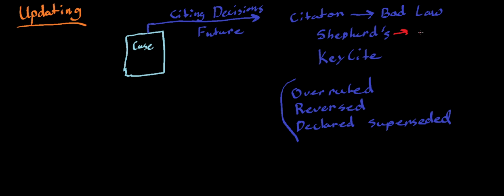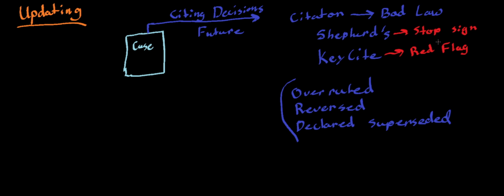So Shepard's has the red stop sign, and then Westlaw has the red flag. And both of these are indicators that some future citing decision of the case that you're looking at has said there's a problem with this case. And so that is usually the first place to start if you are trying to update a case.